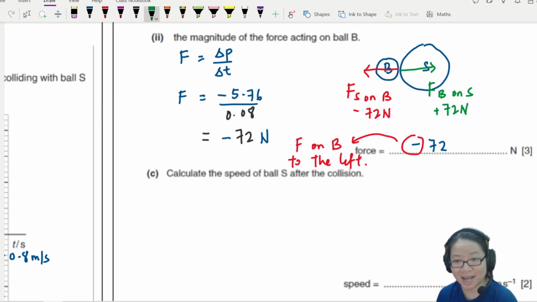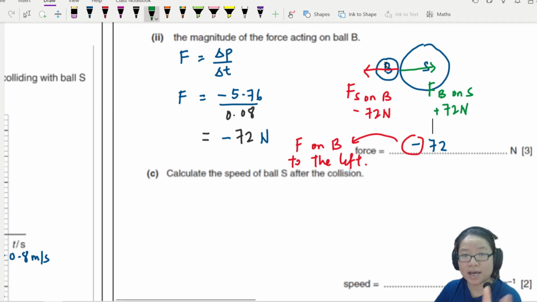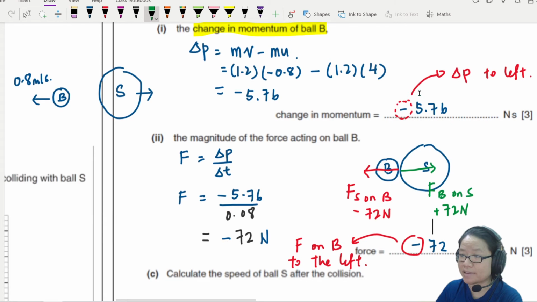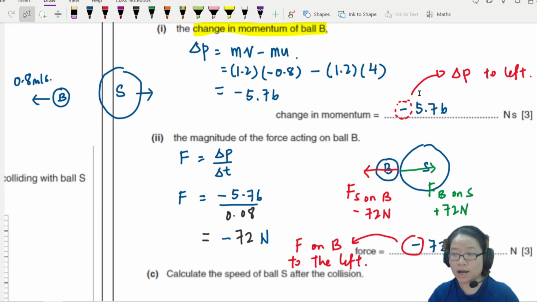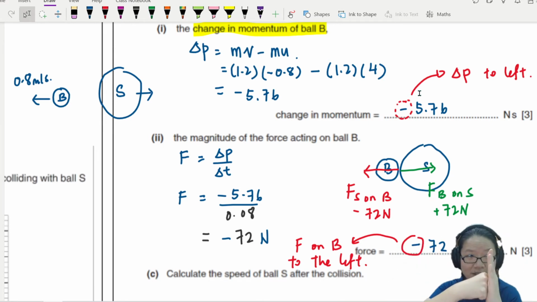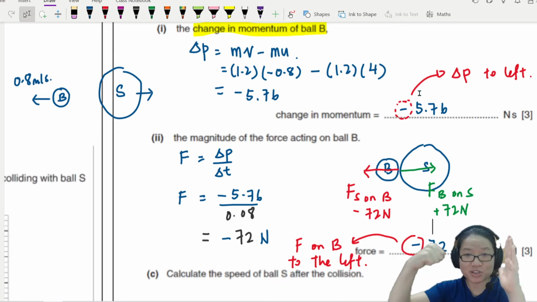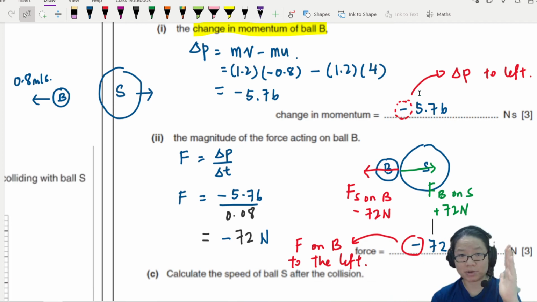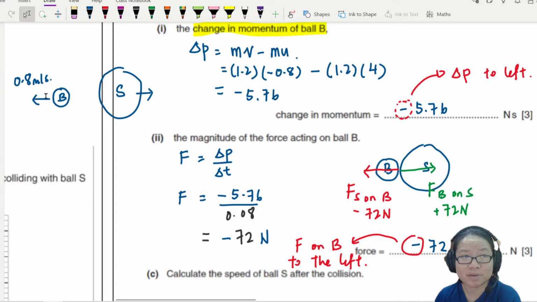The reason for that is, number one, ball B has a negative change in momentum, negative 5.76. This tells us that when B reaches S, it will go back in the opposite direction. That change in momentum is in the negative direction.